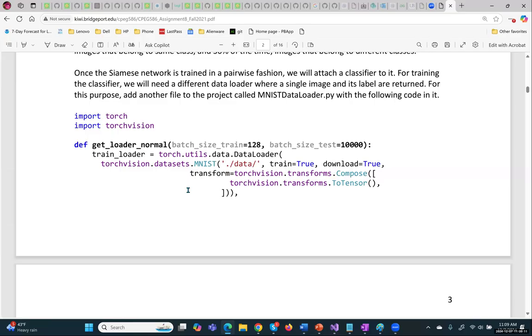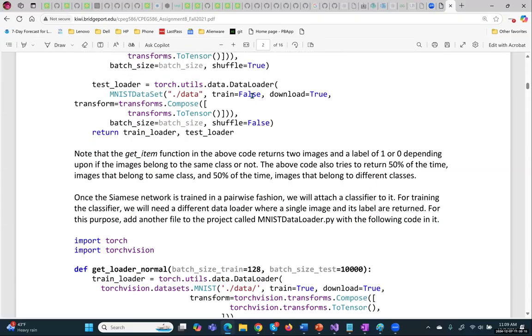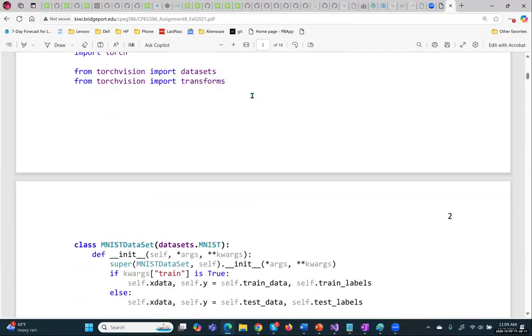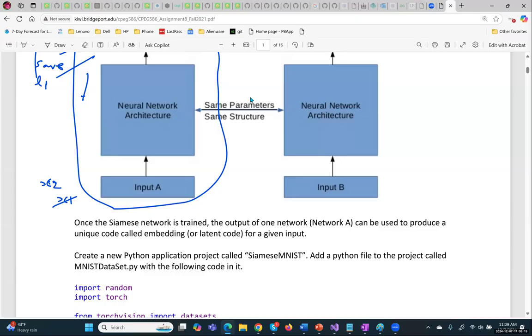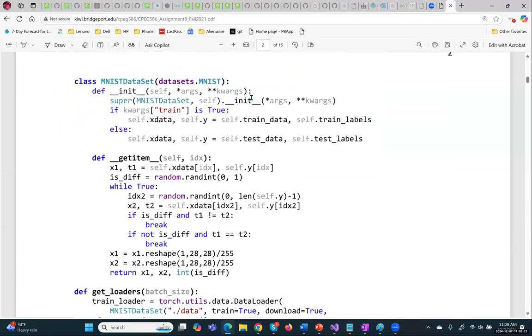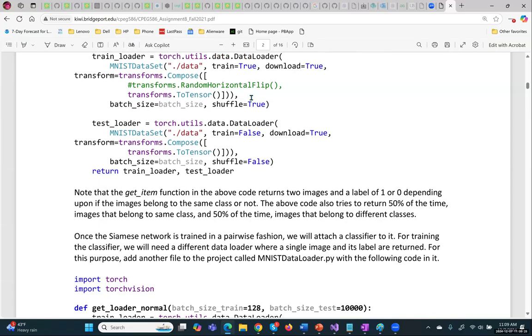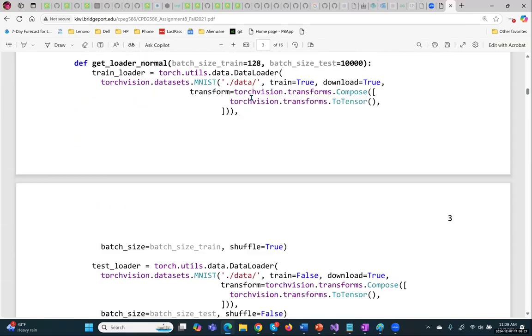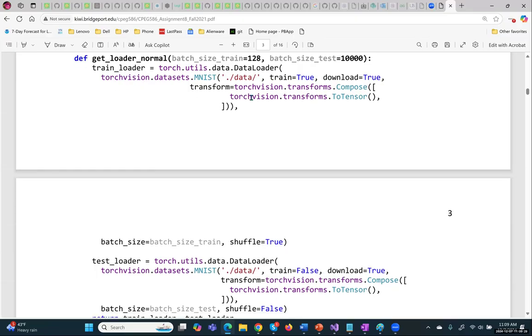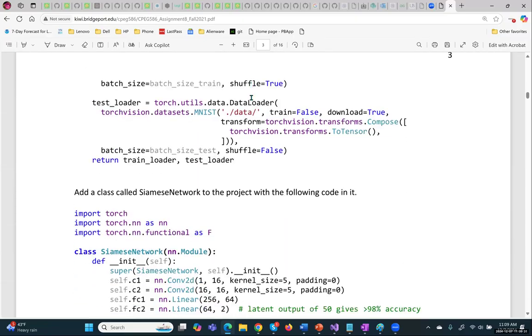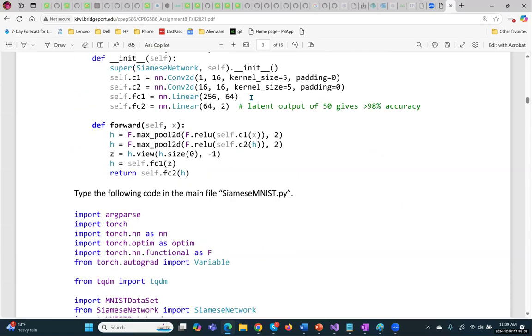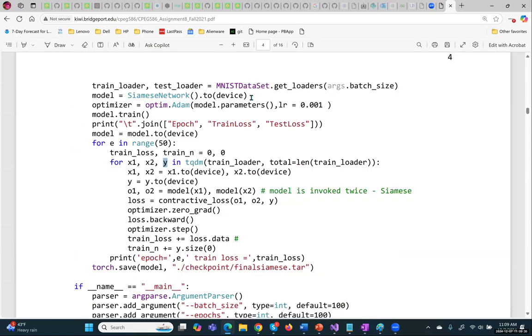To the get loader. Hey, where did I set up the loader? Get loader, normal. No, this is the normal data loader. Contrast.